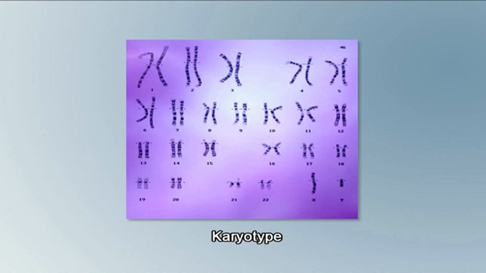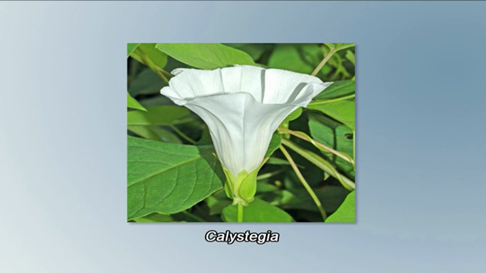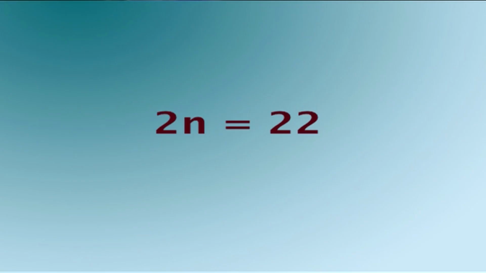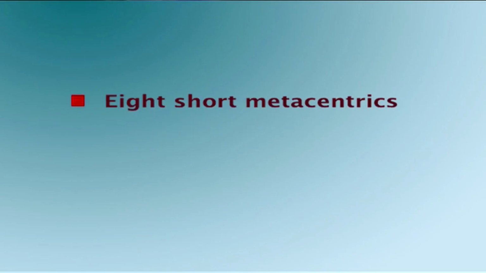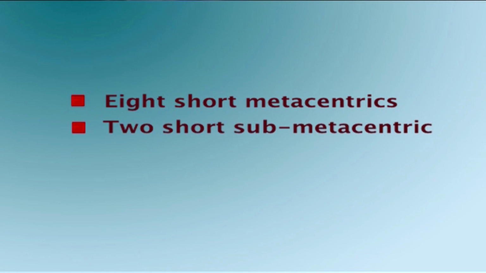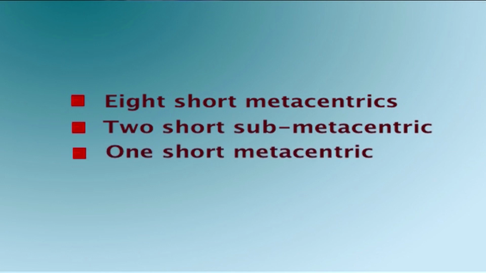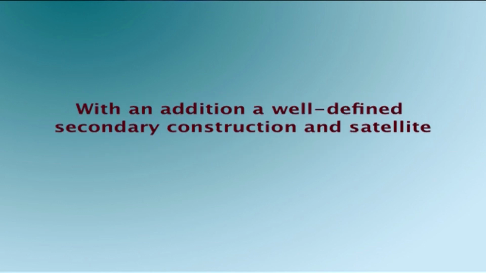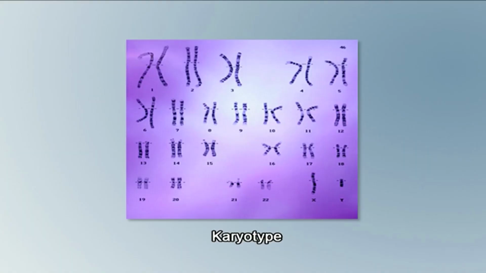For example, the karyotype of Calystegia, 2n=22, consists of 8 short metacentrics, 2 short submetacentrics and 1 short metacentric with, in addition, a well-defined secondary constriction and satellite. For more accurate purposes, arm ratios can be used.